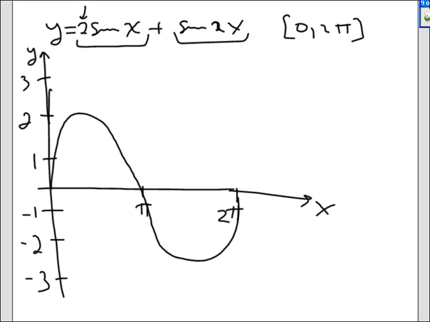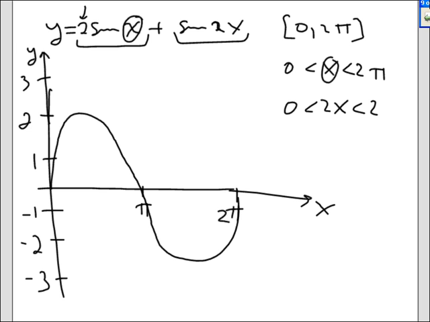The sine of 2x, I mean, for the first one, the sine of x, well, when the angle goes between 0 and 2 pi, you have 1 period of a sine graph. Well, x goes between 0 and 2 pi. The next one, the angle is 2x.